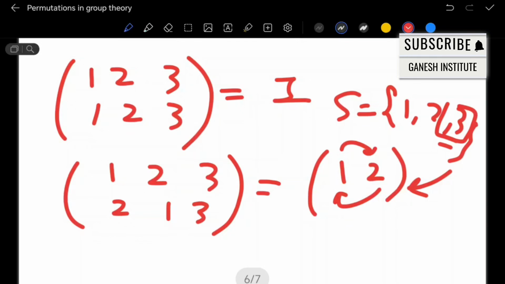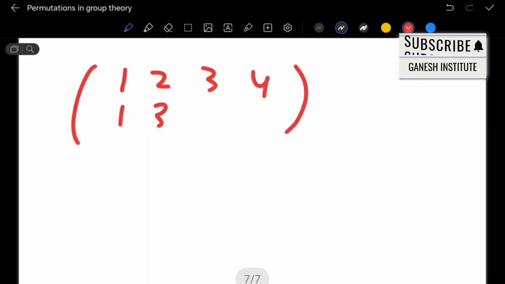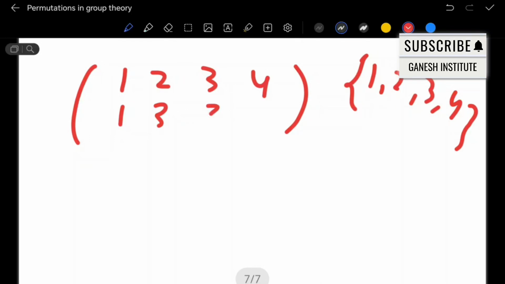For example, if you have 1, 2, 3 and 1 is mapped with 1, and let's say 4 is also there. So now I have a set with 1, 2, 3, 4 as elements. And 2 is mapped with 4, 3 is mapped with 3 and 4 is mapped with 2. Now how can you write it?